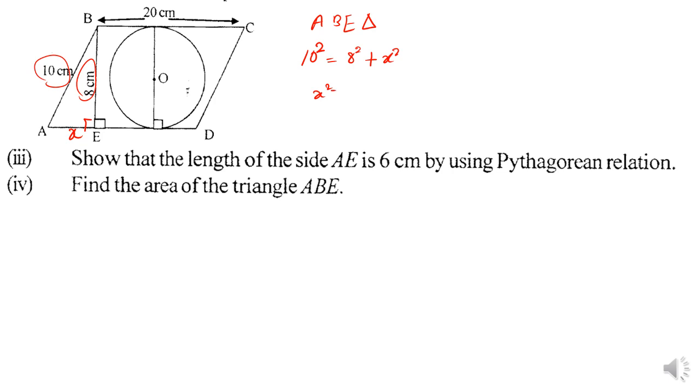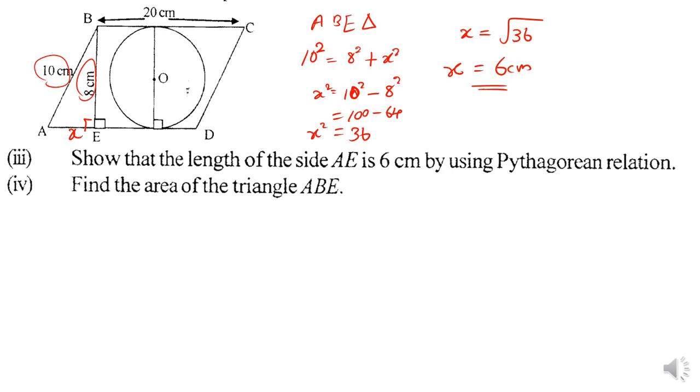Therefore x squared is equal to 10 squared minus 8 squared, which is 100 minus 64, equal to 36. So x squared is 36, and x is the square root of 36, which is 6 centimeters.